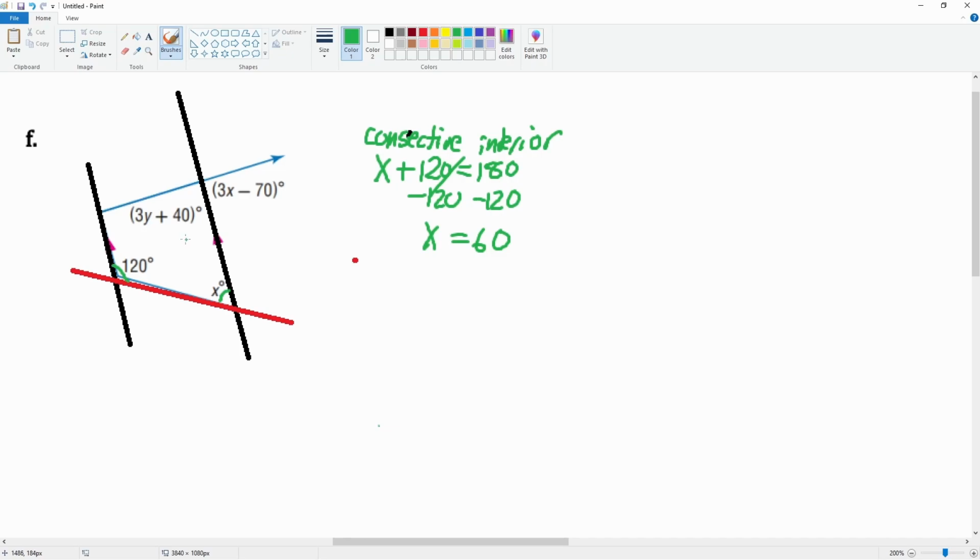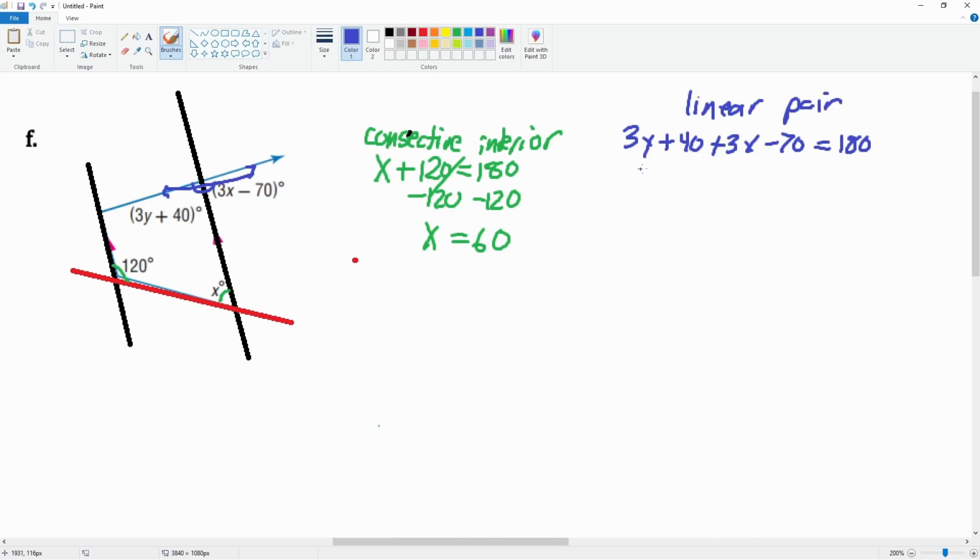All right. Then, interesting enough, right here, these are linear pairs. Look, that forms a line. So 3y plus 40 plus 3x minus 70 is equal to 180. That is because of linear pair.